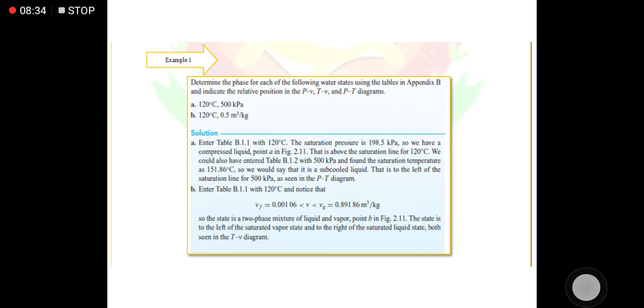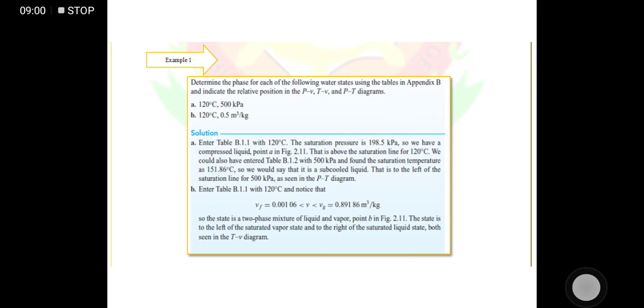So letter B, enter the table B.1.1 with 120 degrees and notice that VF is equal to 0.00106, which is less than V na given, which is 0.5 sa letter B, and less than also VG which is equal to 0.89186 meter cube per kilogram. Yung 0.00106 at saka 0.89186 is given yan siya sa table, no?